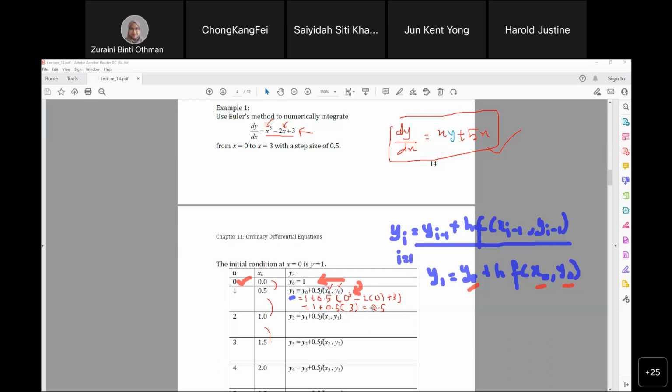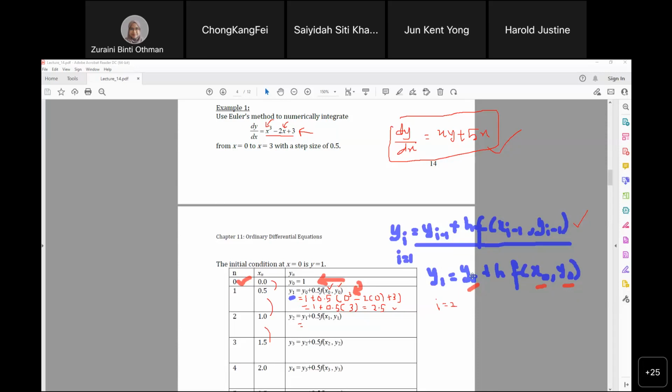Okay, so after we get the y1, then we have to solve this equation until x sama juga dengan 3 just now kan. So seterusnya menggunakan formula yang sama. Bila kita cari y2, i kita now ialah 2.